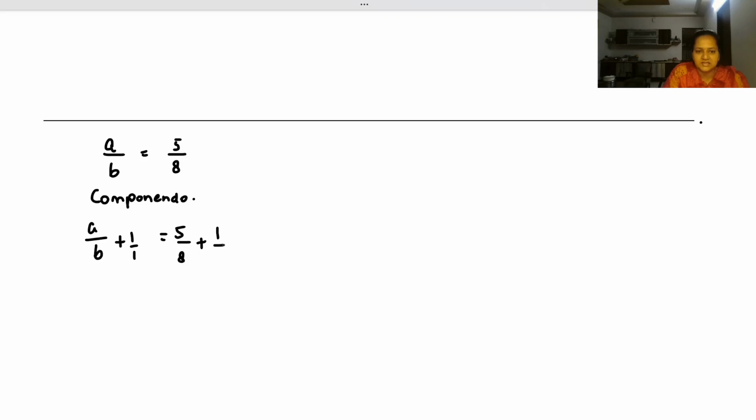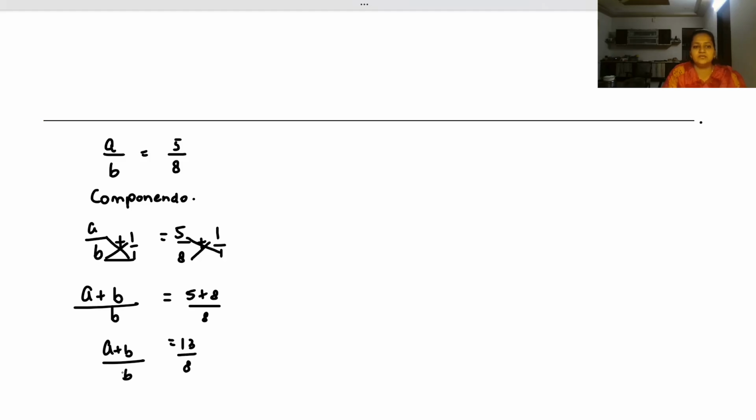And when we take LCM on both sides, we are going to get A plus B upon B, means numerator plus denominator upon denominator. And this side we are going to get 5 plus 8 upon 8, which is 13 by 8. This is called componendo. Componendo, in other words, is adding 1 to both sides.